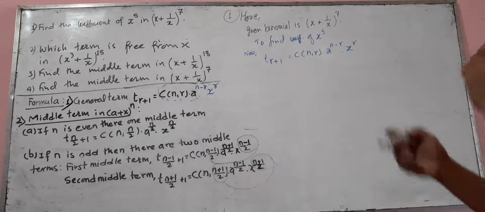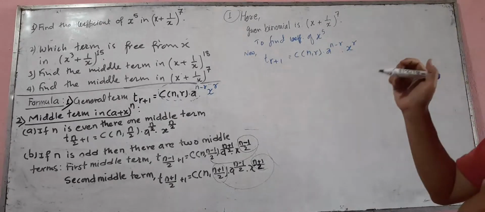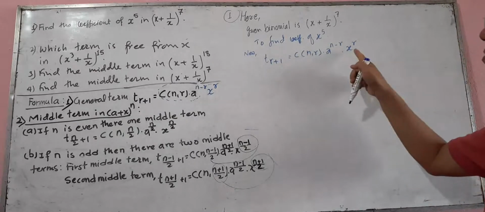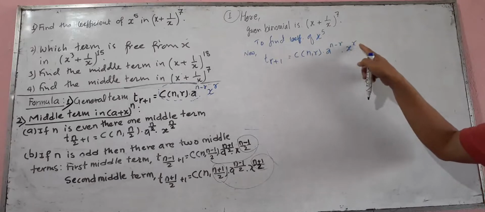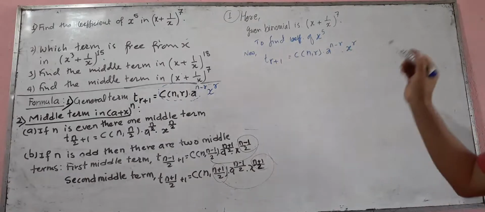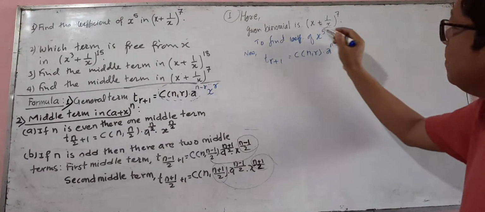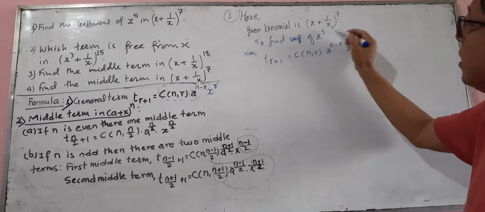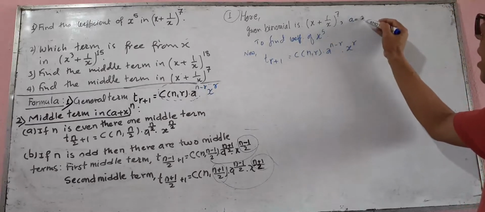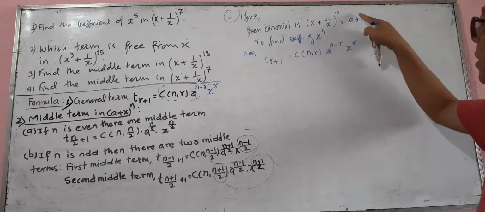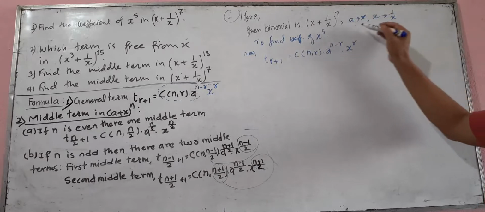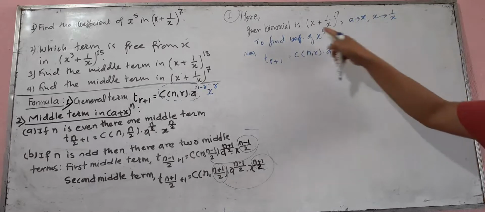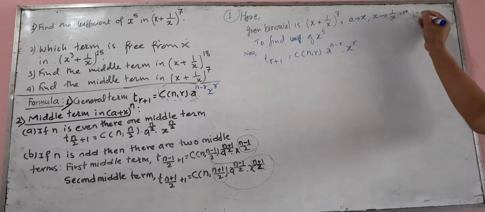Okay, so we have to find the coefficient of x^5. So in this term r must be 5, x to the power 5. We must have x to the power 5 to get it. Now we first write down here in this expansion, x plus 1 by x, what is a? a is x, and x here is 1 by x, and n is 7.